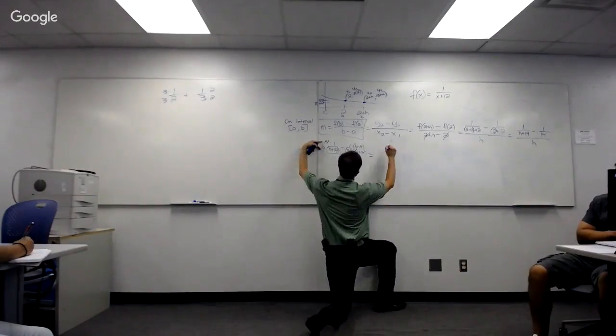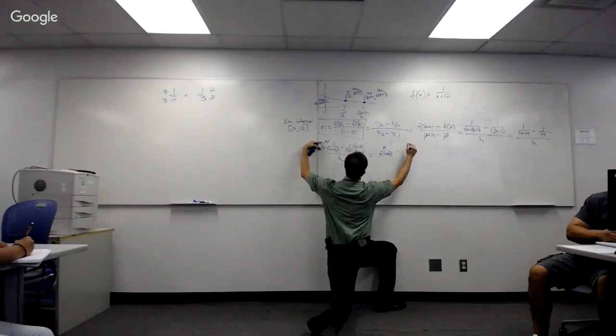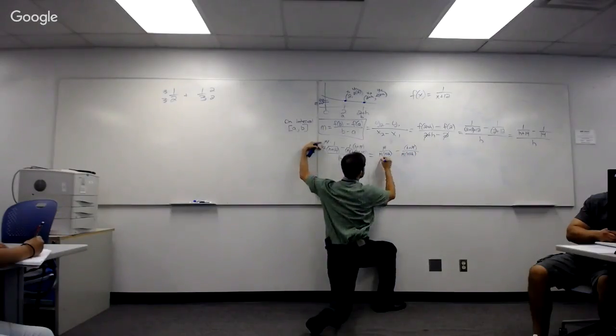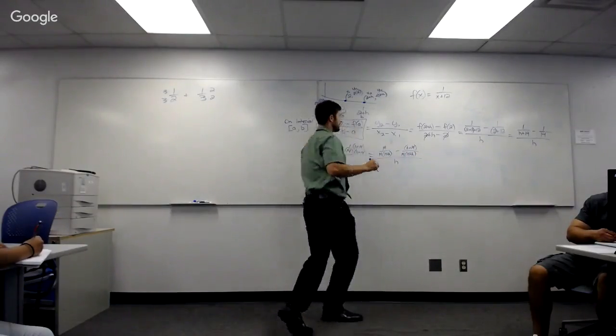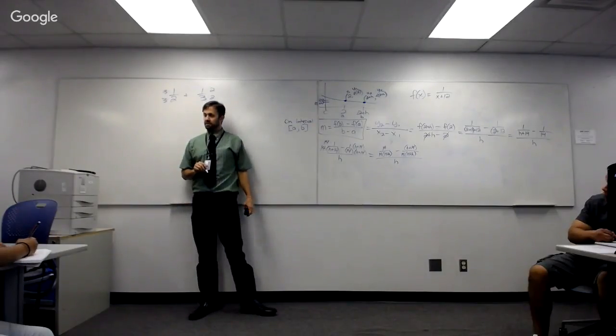This fraction now is 14 over 14 times 14 plus h minus h plus 14 over 14 times 14 plus h, all over h. Do we have a common denominator? Yeah, we do.